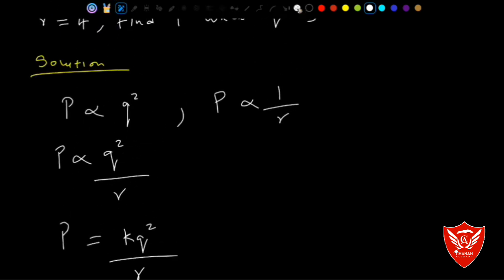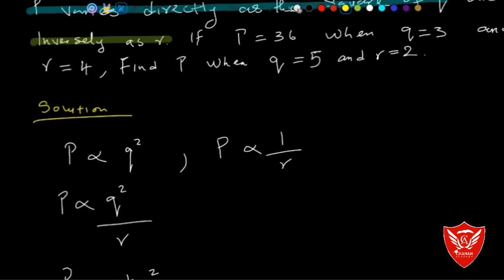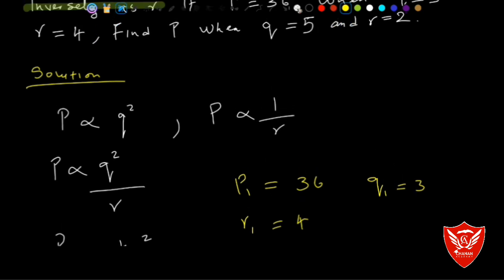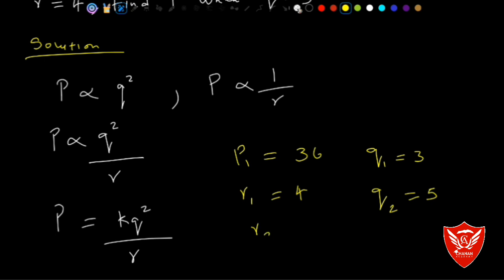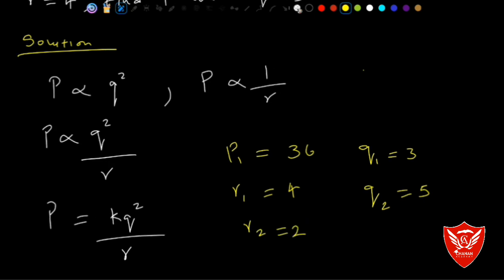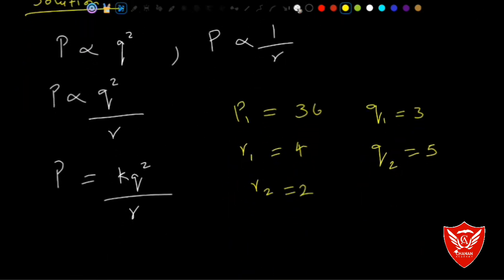Let's go back up and look at the value for each of them. Let's call this p1. p1 was 36, q1 was 3, and r1 was 4. We're then given that q2 is equal to 5, that's the second q, and the second r, which is r2, is equal to 2. We are asked to find p2.